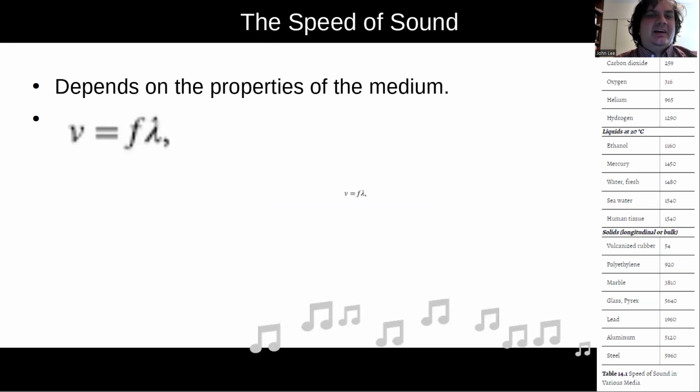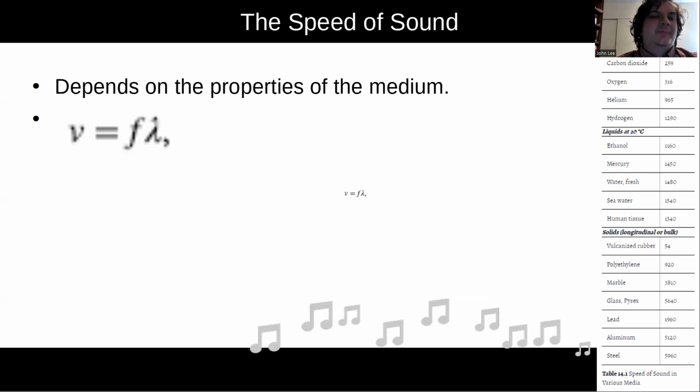So the speed of sound is one of those things that depends majorly on the properties of the medium and doesn't depend on the frequency or the wavelength. For the most part, at least for introductory physics, it doesn't depend on the frequency.